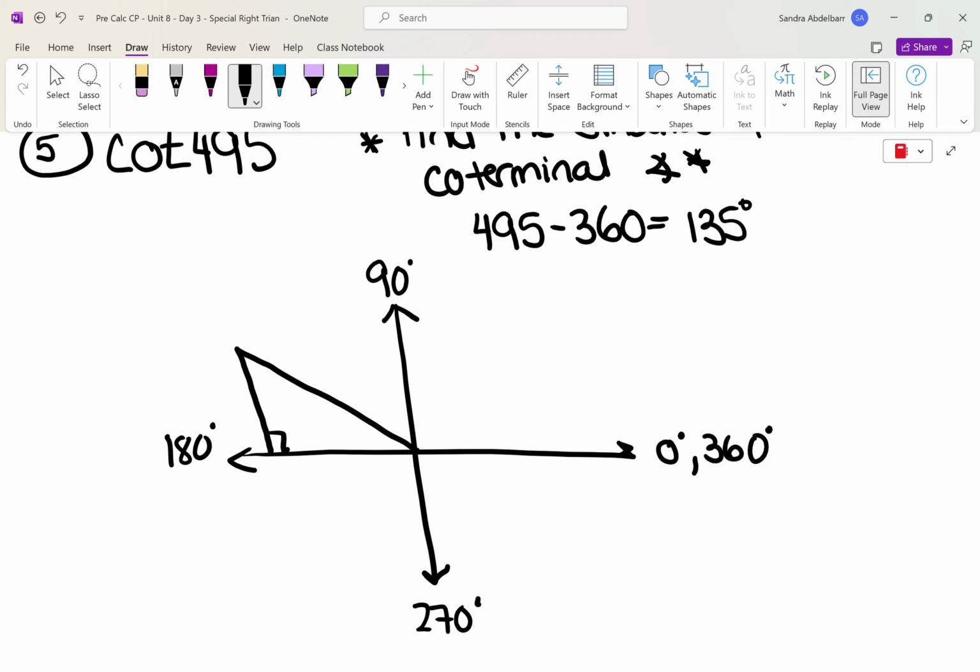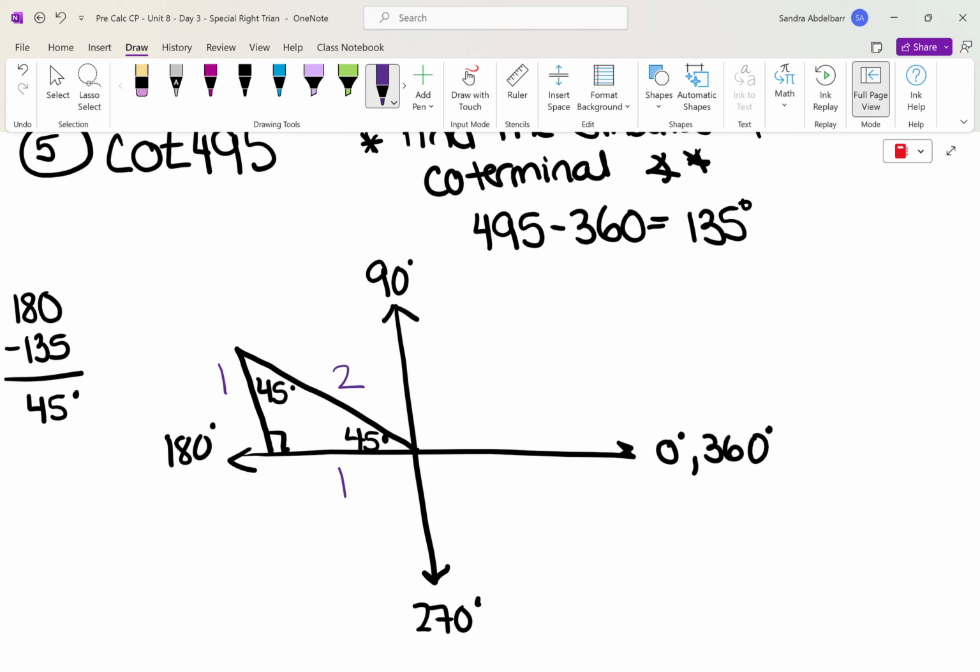All right, so again, we're in quadrant 2. To find my reference angle, I'm going to do 180 minus 135, which is going to give us 45. Very good. So now we're at a 45, 45, 90.